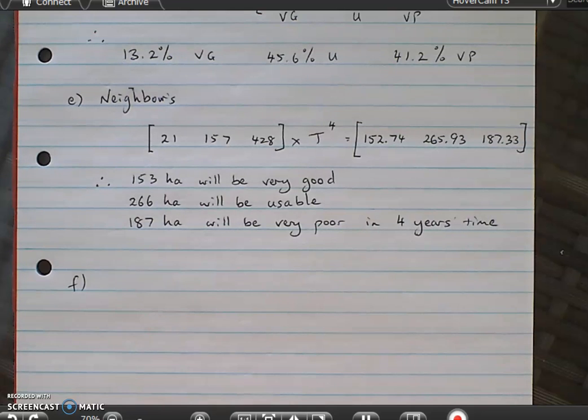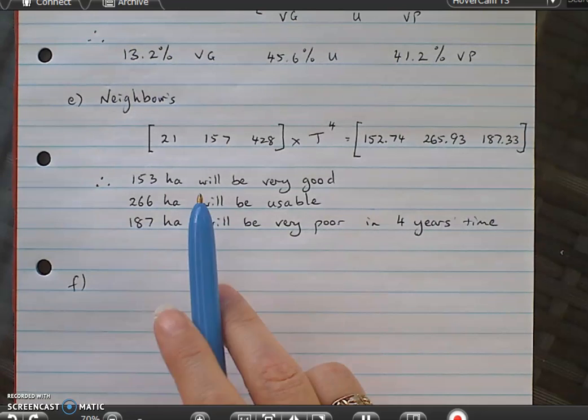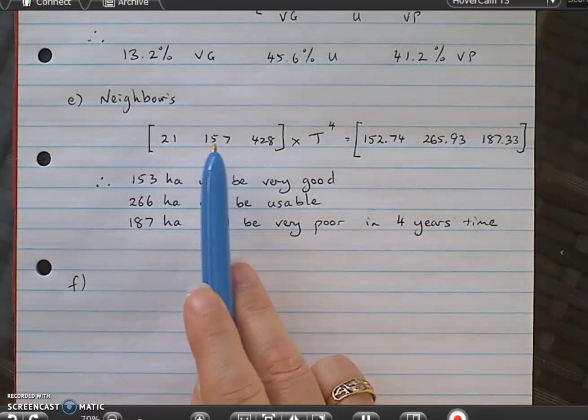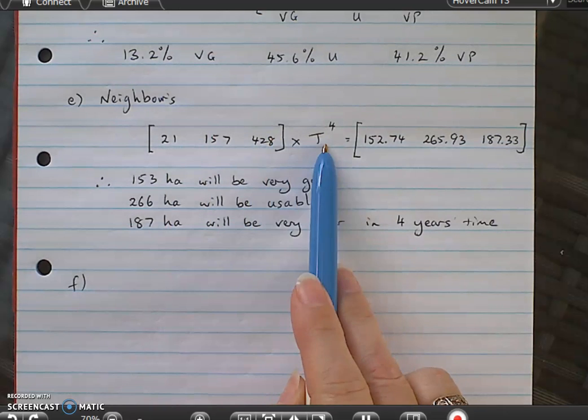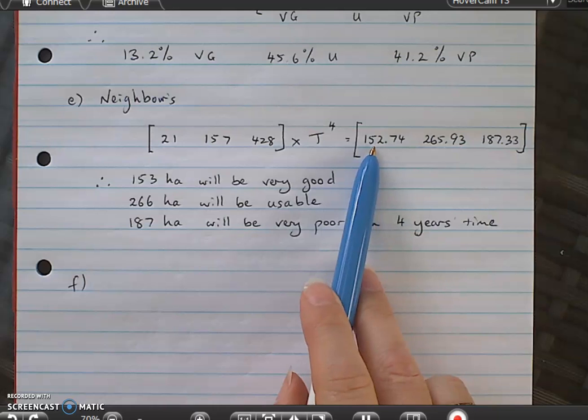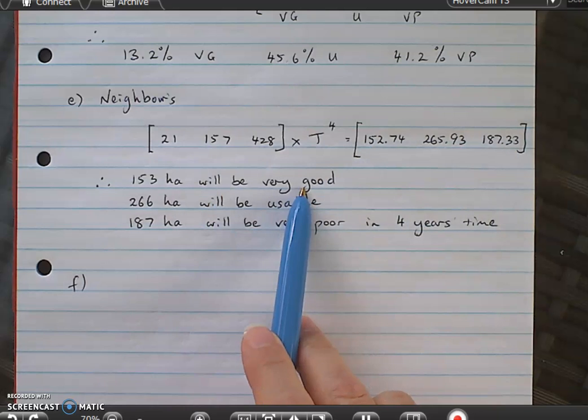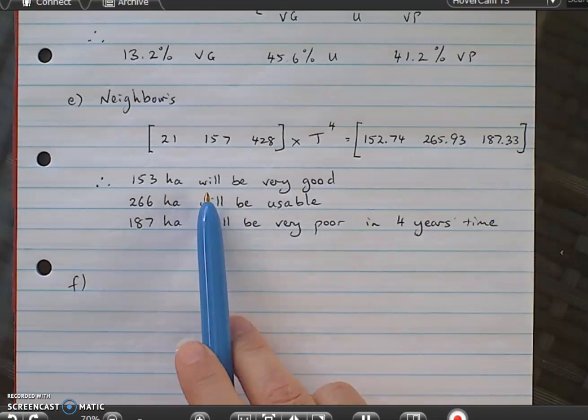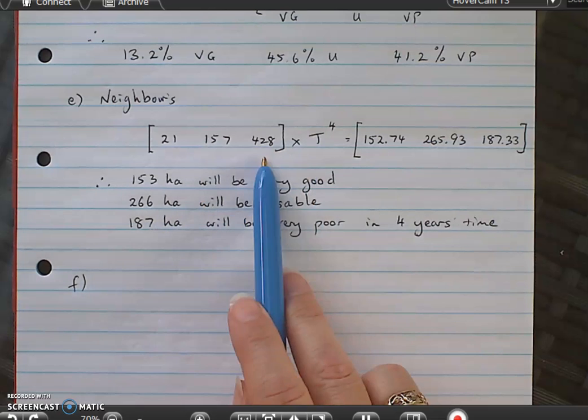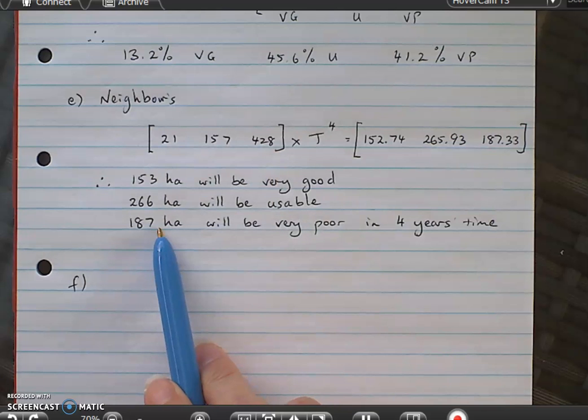Okay, so the property next door had 21 hectares, 157, 428, all in the categories. And in 4 years' time, they were expecting to be improving really. So 428 now, it's going to be 187 hectares in the future.